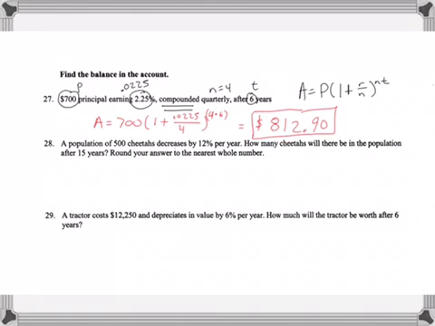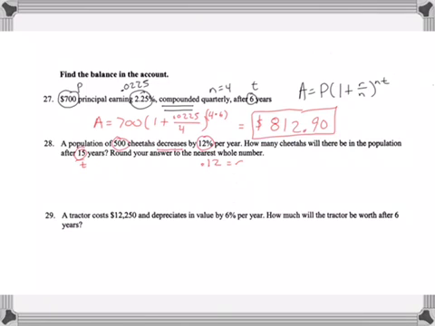A population of cheetahs decreases by 12% per year. How many cheetahs will there be in the population after 15 years? Round your answer to the nearest whole number. So we've got our time here at 15. We've got our rate is 12%, which is 0.12, and our initial population is 500.